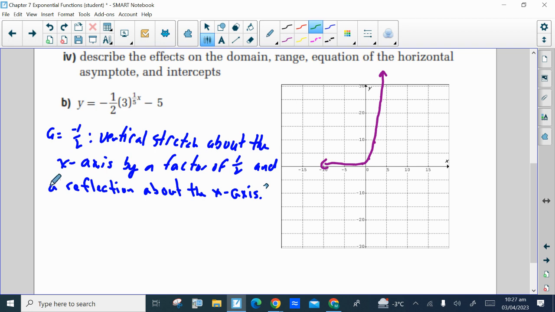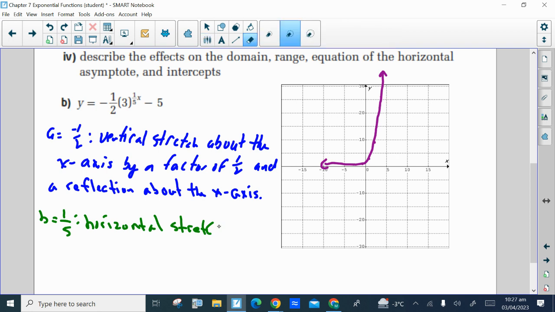In this case, remember this is a transformation of y equals 3 to the x, so the base 3 is already there. We have a b parameter of 1/5, which is going to cause a horizontal stretch about the y-axis.